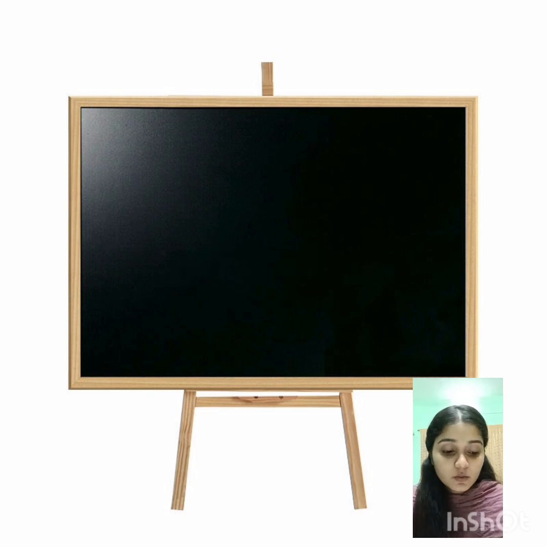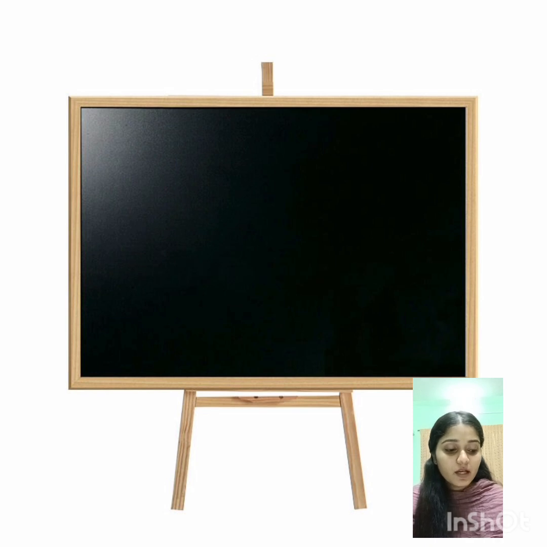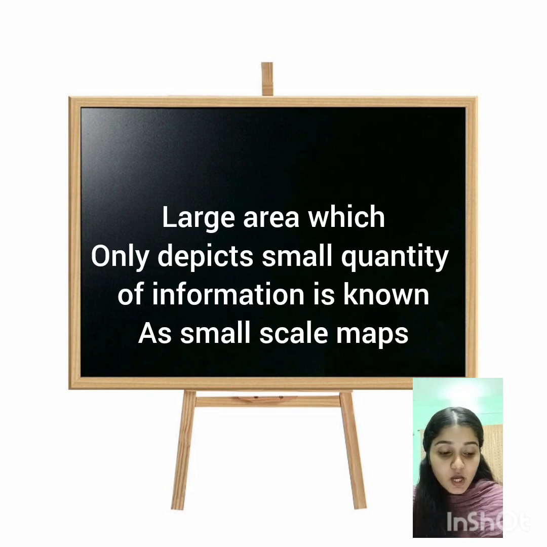Okay, so the small scale maps always include maps that show the world, continents, countries, states, large areas which only depict a small quantity of information.